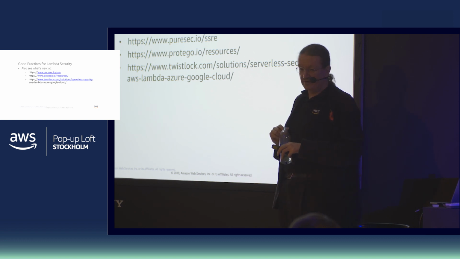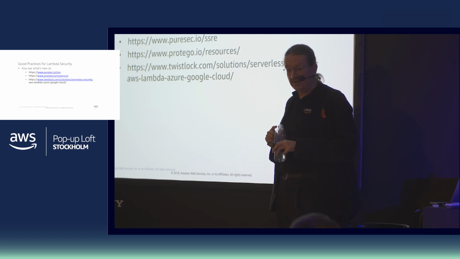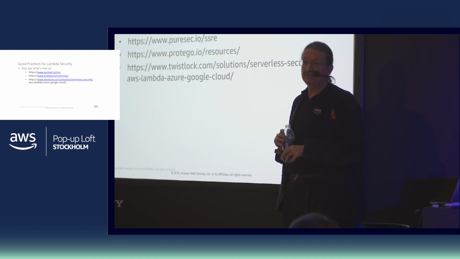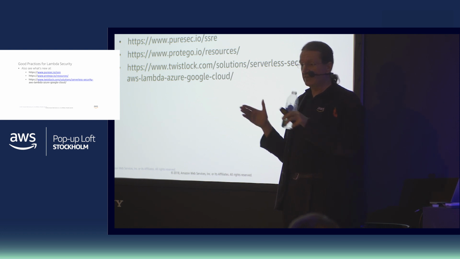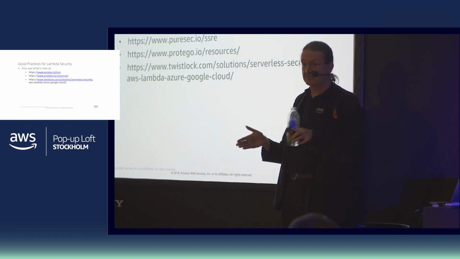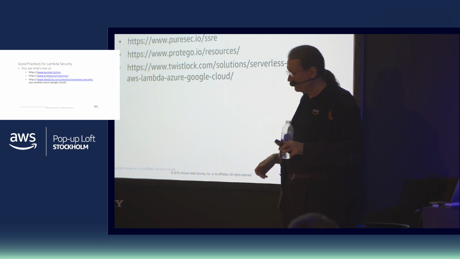They also have a couple of neat tools on their open source GitHub repo, one of which I think Lambda function writers among you will really like. It's called PureSec CLI, and what it does is if you give it your Lambda function code, it then gives you, again, it's one of these things that you run locally, it's not like it's sending code back to them.